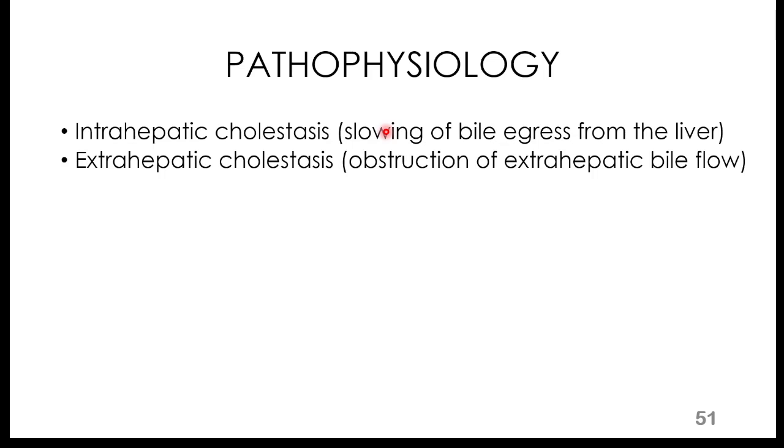If that is obstructed by a gallstone, for instance, that will be an extrahepatic cholestasis, because the stasis is not happening within the liver, it's happening outside it, and the gallbladder is not the liver. So that will be an example of extrahepatic cholestasis.